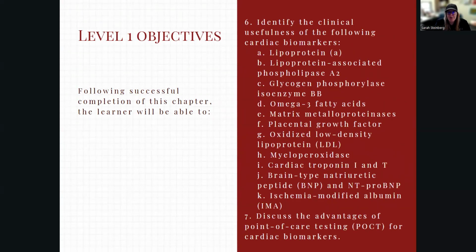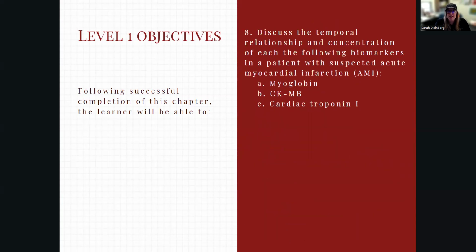Identify the clinical usefulness of the following cardiac biomarkers, and we'll discuss those deeper into the chapter. Discuss the advantages of point of care testing for cardiac biomarkers, and discuss the temporal relationship and concentration of the biomarkers in a patient with suspected acute myocardial infarction, or AMI.